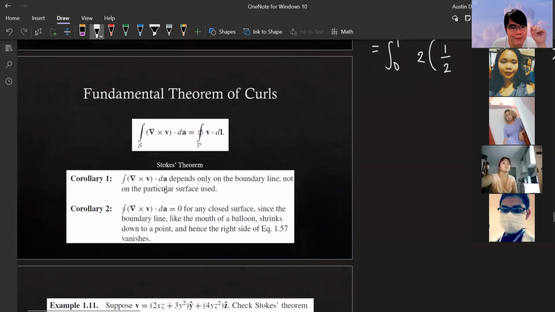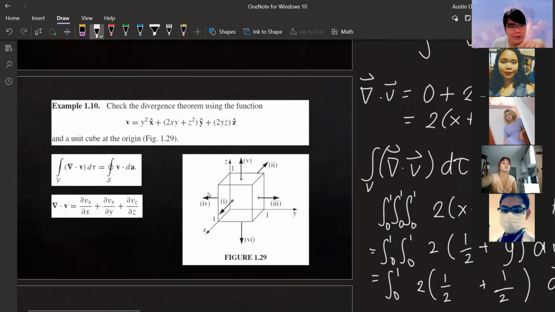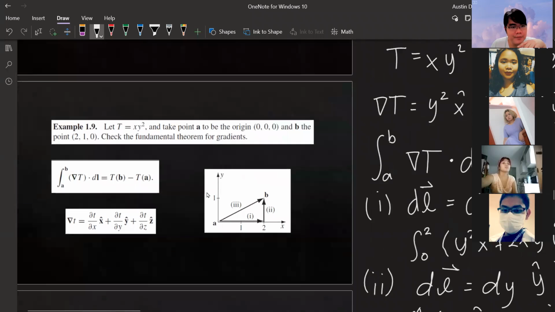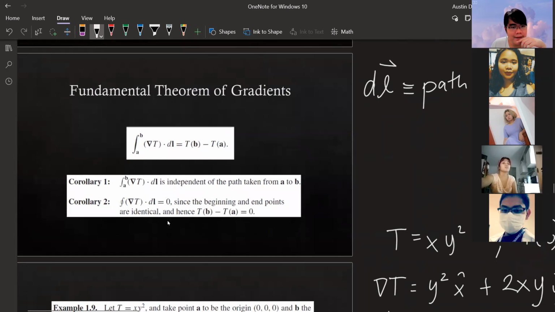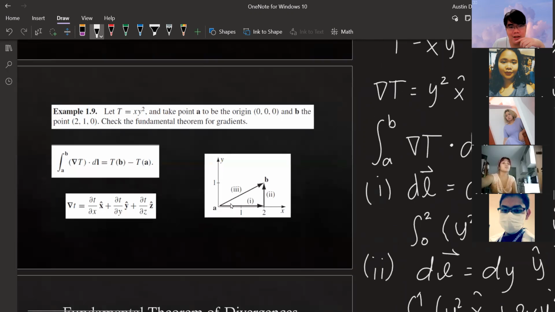Ayan, so mapapansin nyo, ito ay dependent lang sa boundary line, not the particular surface that is used. So parang yung gradient natin, wala siyang paki sa path mo. So tinry natin yun no, na pumunta from A to B. So ginamit natin yung 1 to 2 na path versus number 3 na path. And we obtained the same. Okay?